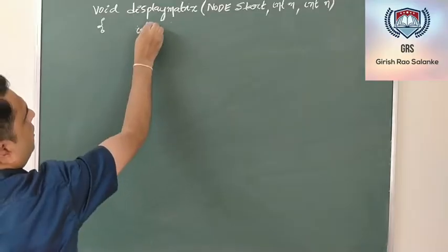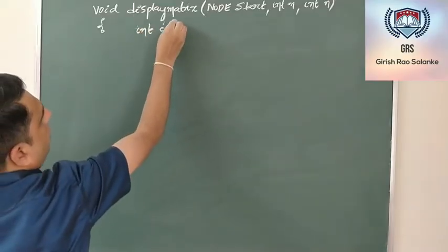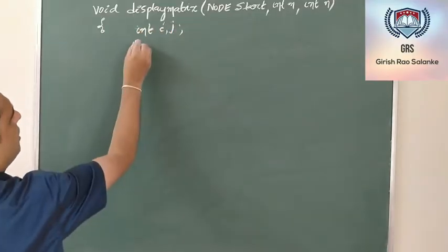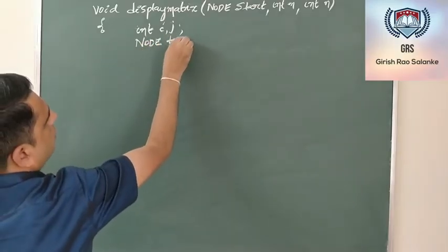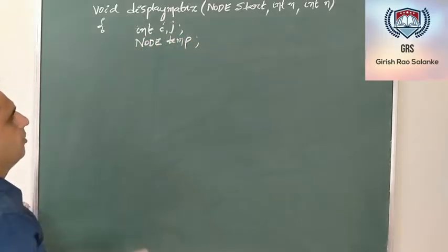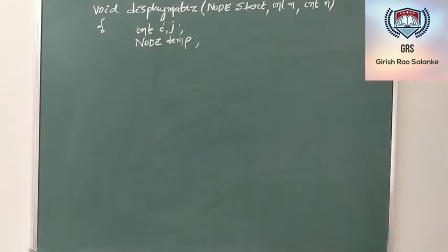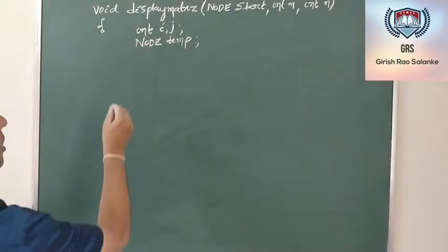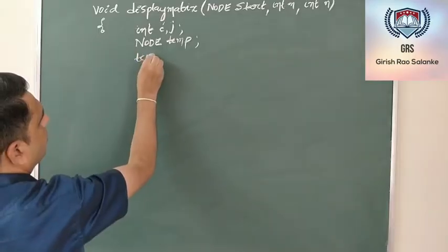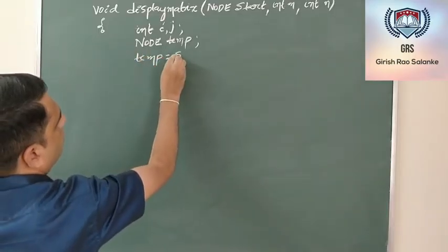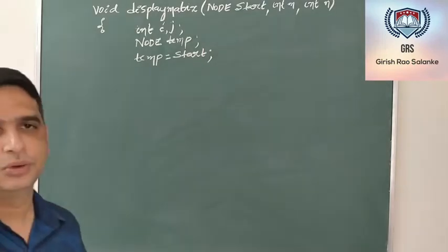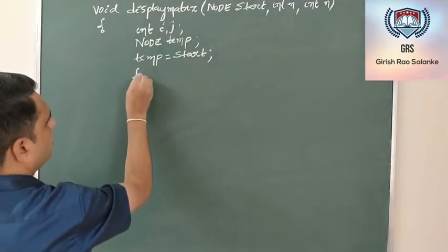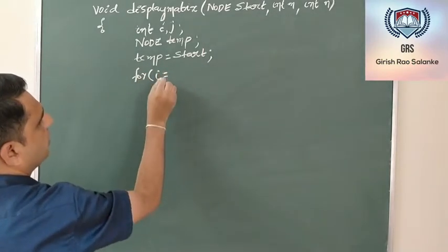As it is two-dimensional, I need to take two variables i and j. I need to process my list, so I will take a variable called temp. Initially I will make temp hold the address of my first node.